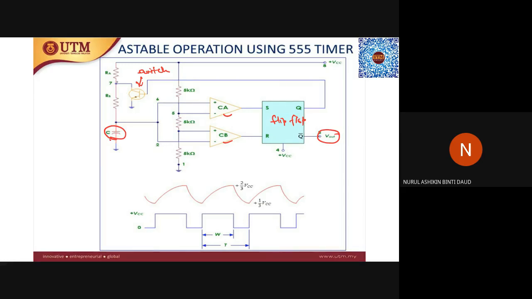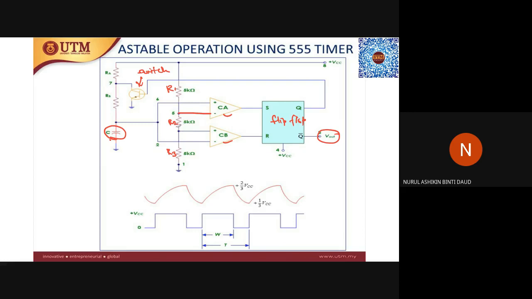Yeah, so there are 3 resistors. If you can see here, there are 3 resistors connected like a voltage divider. Let's name them R1, R2, and R3. At this voltage, this point is connected to the inverting part of comparator CA.